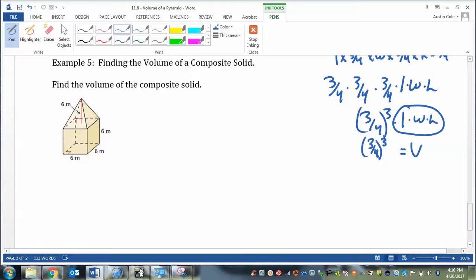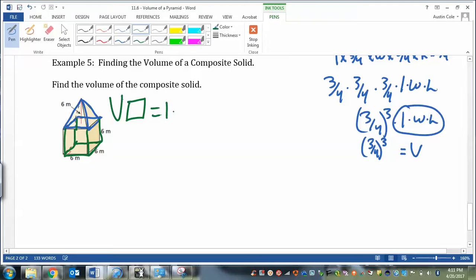So I'm going to split this up. We have two different shapes here: our pyramid, and then our box, our prism. I'm going to do green first. I'm going to do our prism. So I want the volume of the prism.